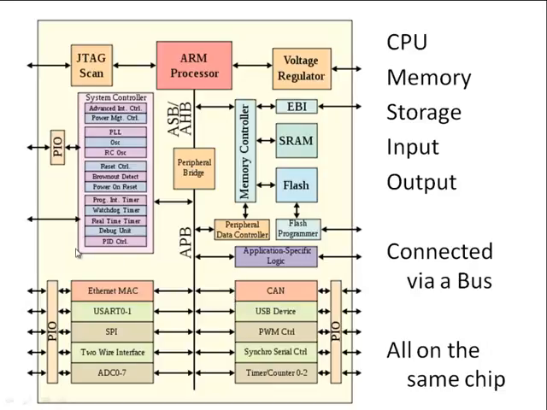And some connections here are specifically for working with debugging and developing software for the system on the chip itself. So we have CPU, memory, storage, input, output, all these different components of a computer connected via bus on a single chip.